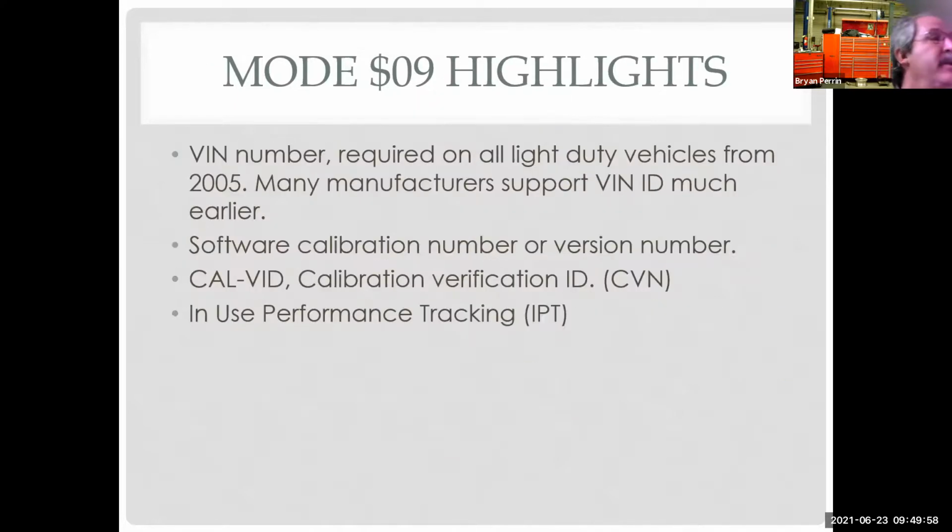So one is the VIN number, required to be supported on all light duty vehicles from 2005, although many manufacturers supported it earlier. Our software calibration or version number, my CalID or calibration verification ID, CVN, and my in-use performance tracking, which I'm going to take a minute and explain.